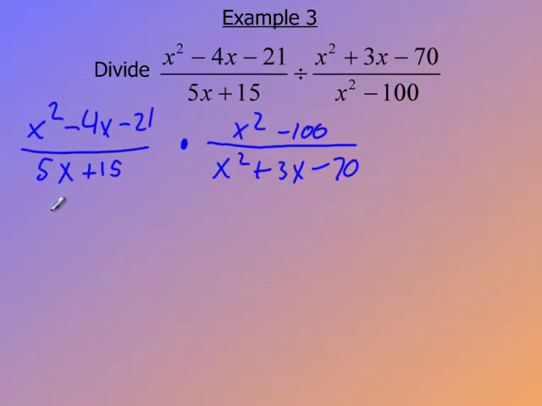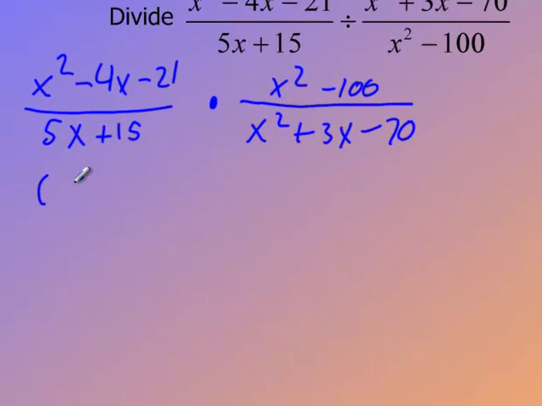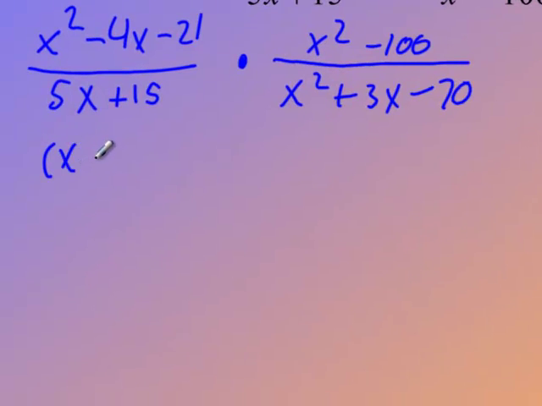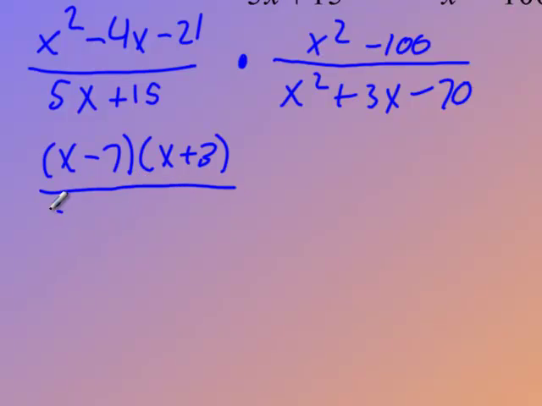Now let's factor these. So this top one should factor to x minus 7 times x plus 3. And the denominator factors to 5, which is the only GCF we can pull out, so that's going to be x plus 3.